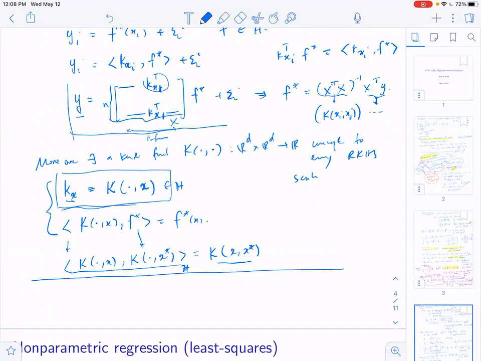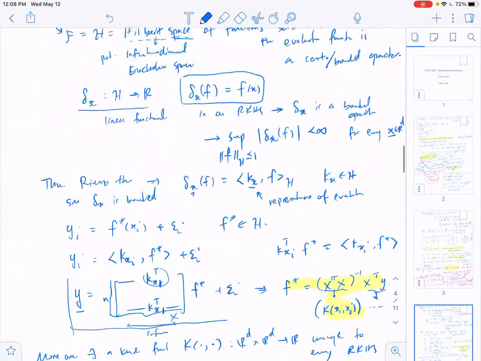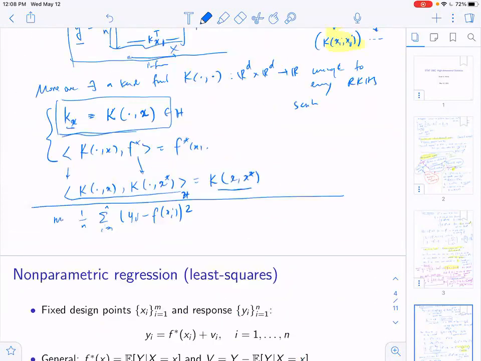So what you would do if you try to argue like this, you'd run into some problem that if you try to do the least squares alone, so if we try to solve this restricted problem, minimize over f in the Hilbert space, this would turn out to have many solutions.